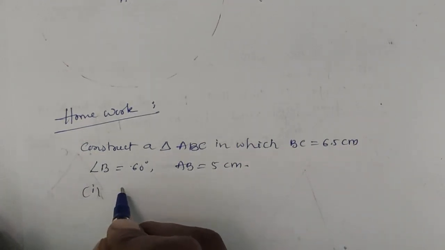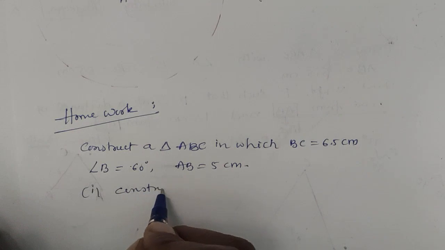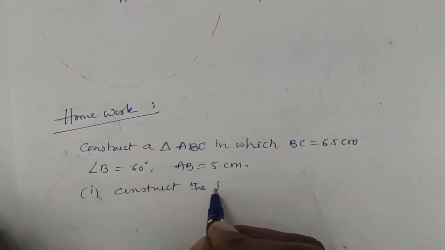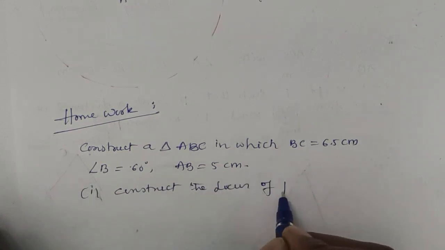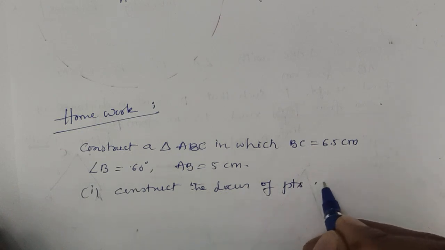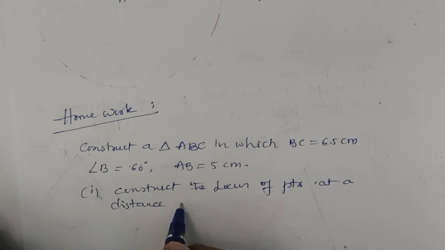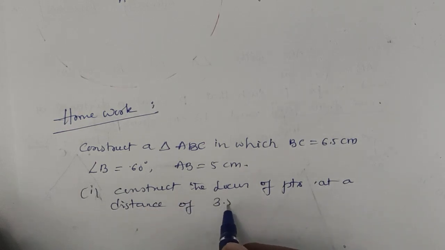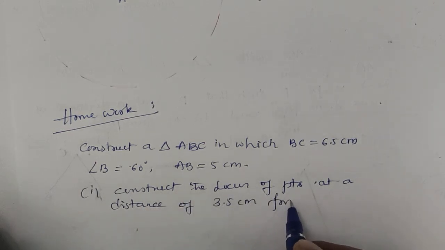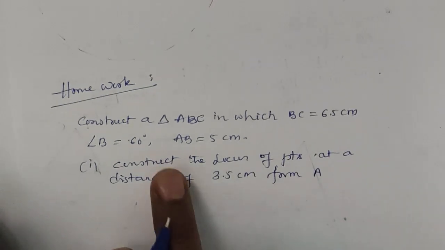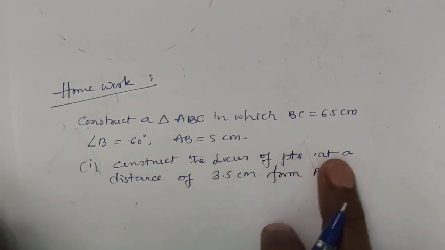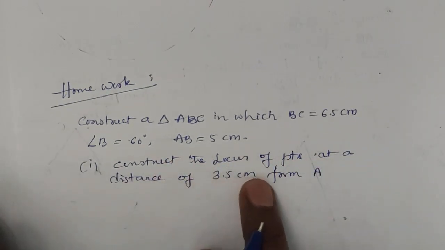First sub question, construct the locus of points at a distance of 3.5 centimeter from A. Construct the locus of all points at a distance of 3.5 centimeter from A.